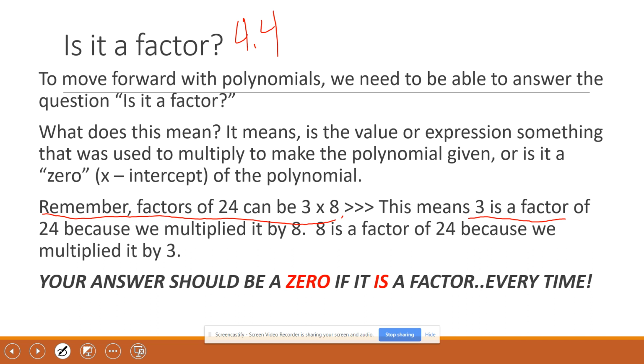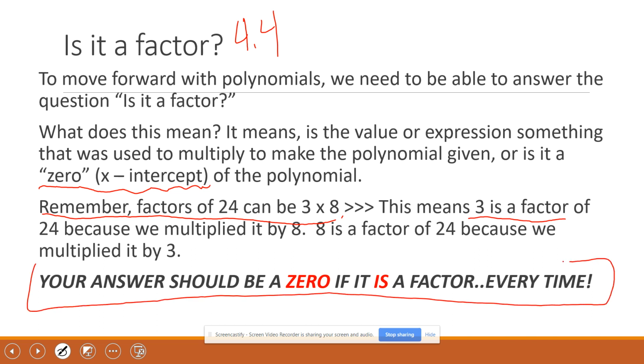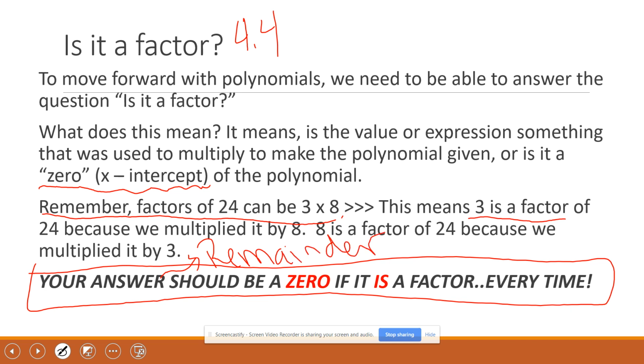So if we're asking in polynomials if something is a factor, we're trying to find out, is that a 0, x-intercept, root, or solution to the polynomial, or can it help us get there? The biggest reminder in this entire part is that our answer or our remainder, depending on which method you pick, always has to be a 0.